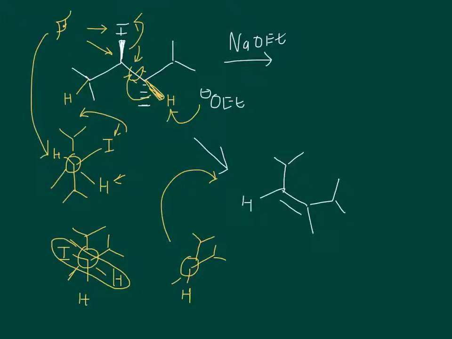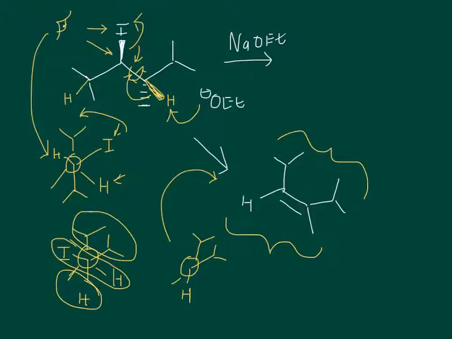So as you can see, if we go back to the original Newman projection, the two isopropyl groups are both on one side of the double bond, and the hydrogen and methyl group are on the same side, and we can see that over here. And this would be stereospecific because we need that anti-periplanar arrangement to do the elimination.